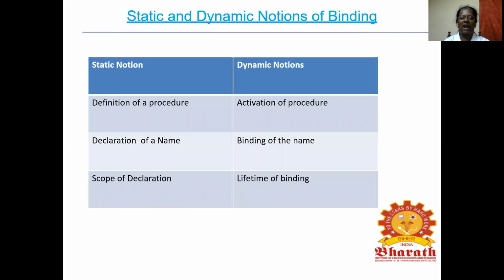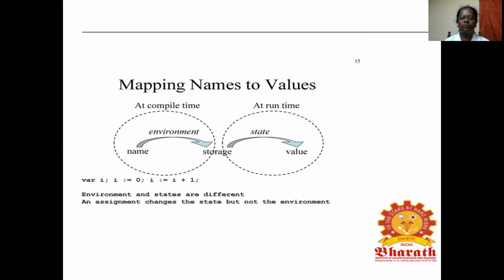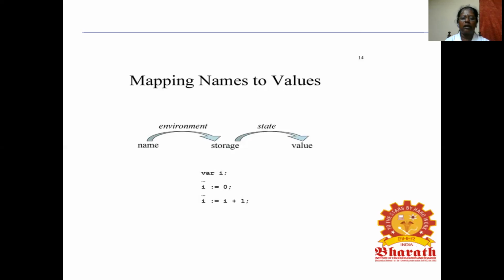Then the static and dynamic notion of binding, and mapping names to values, at runtime and at compile time. The name will be stored in the environment, and the stored value will change as the state changes at runtime.